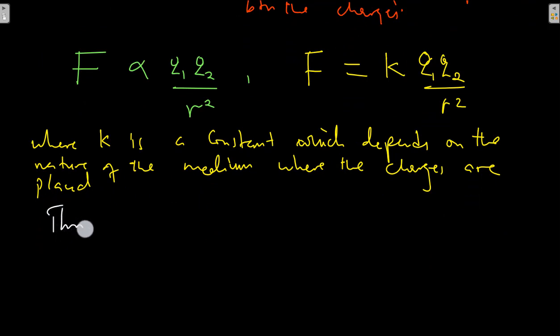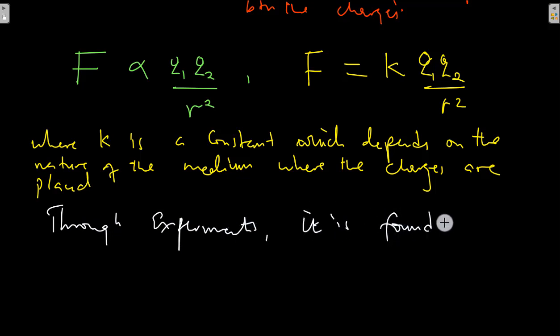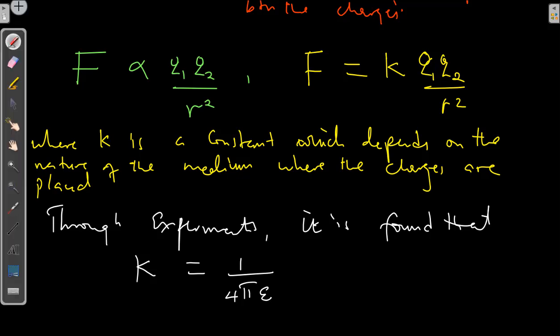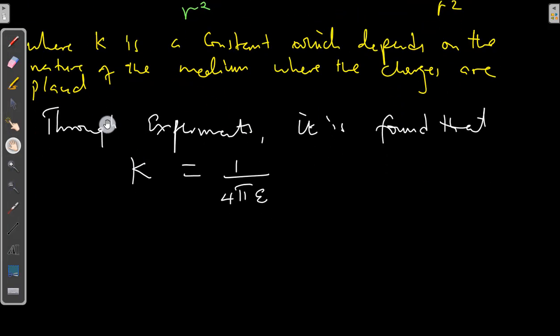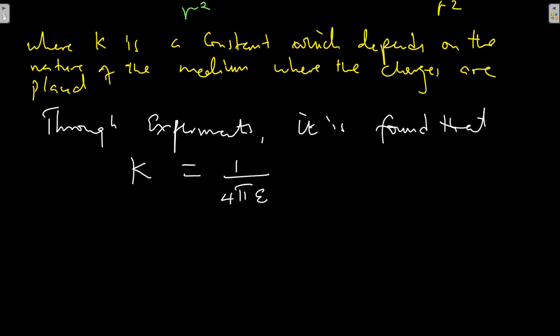And through experiments, it is found that k is actually equal to 1 over 4 pi epsilon, where epsilon is a Greek letter called epsilon.